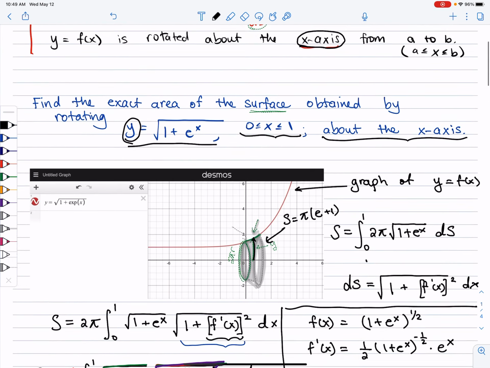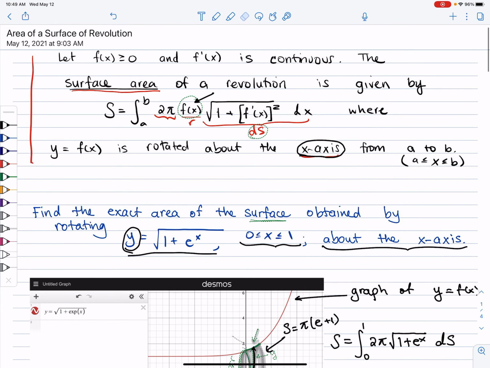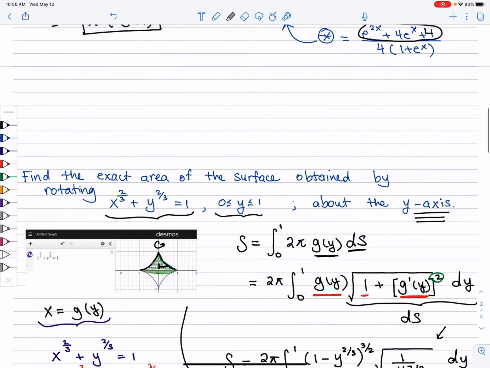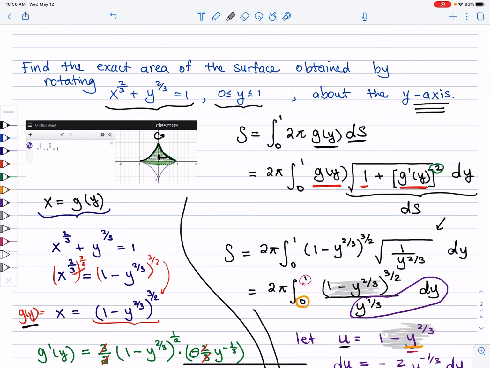Or think about, one more time, what f of x represents and what ds represents. And the other thing you need to be careful about is whether you're rotating about the x-axis or about the y-axis. All right, I'll stop right here.